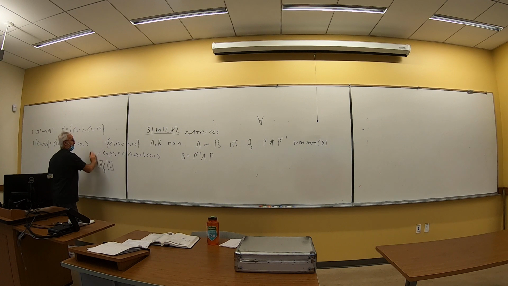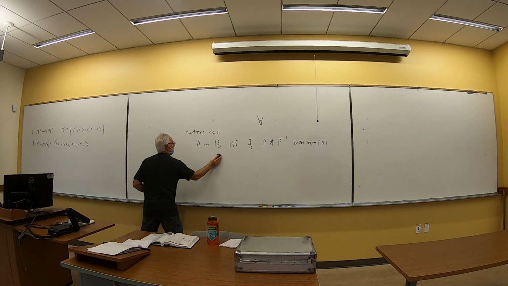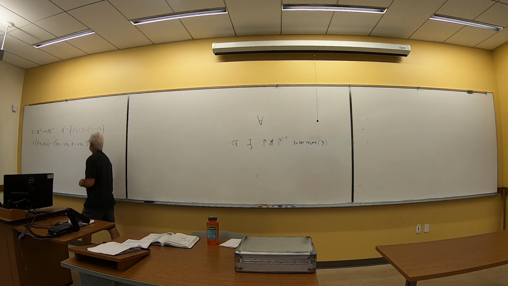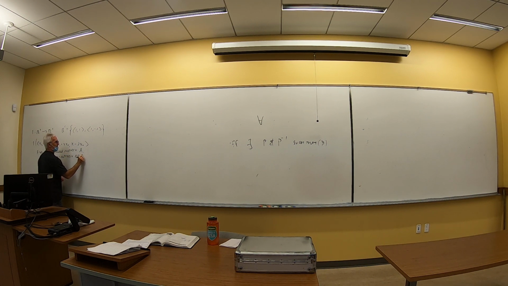So, this one is kind of boring. So here's what I would like to do. Let's find the standard matrix and the non-standard matrix relative to basis B prime, which we'll call A prime.